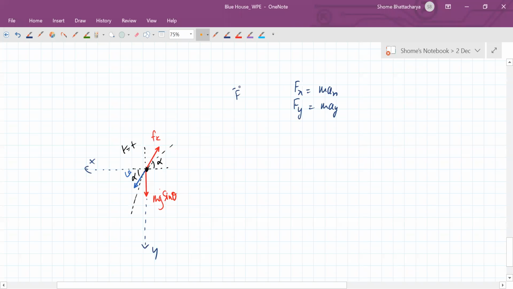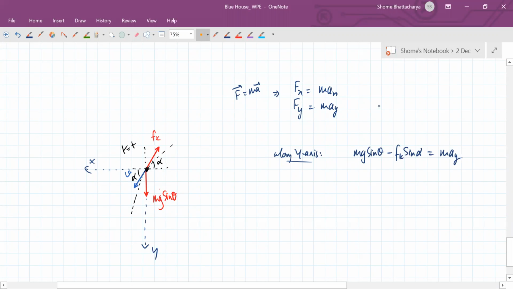So if you see along the y axis, what is our net force? It is mg sine theta minus kinetic friction sine alpha. So that should be equal to this quantity.